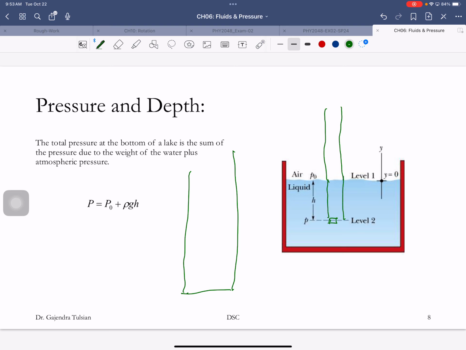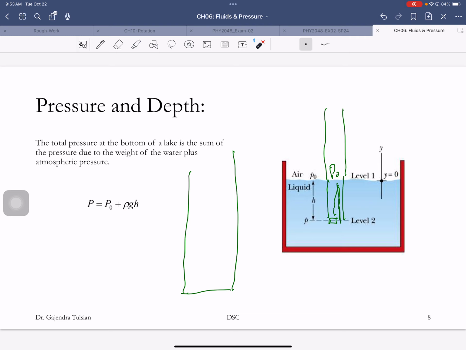If you were here on the surface, the pressure on you is atmospheric pressure, just the weight of the column of air. So you go deeper in the water, now the weight of the water adds on. So the pressure on you at this depth is the atmospheric pressure plus the pressure due to the column of water.